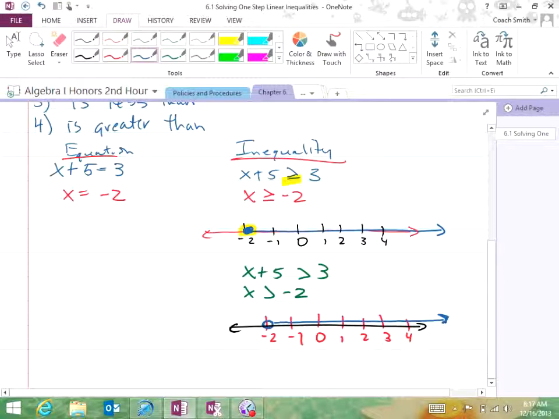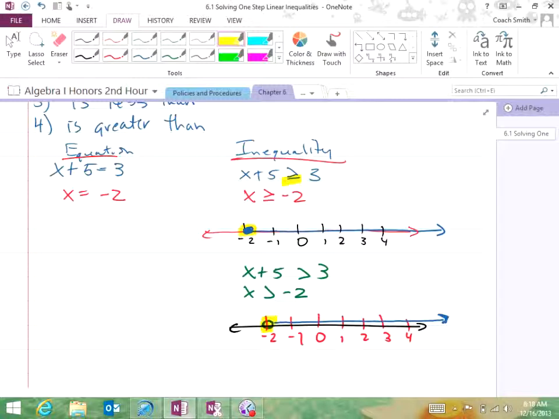That's how you would do that one. You notice here that the circle is not colored in. That's how you would graph the solution to both of those inequalities. If it includes half of the equal sign, then the dot is colored in.